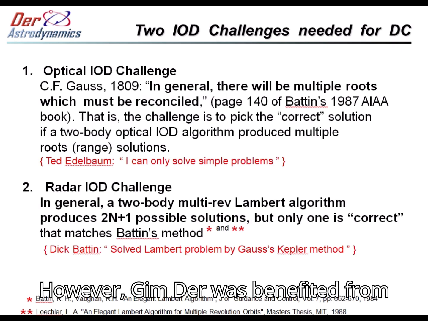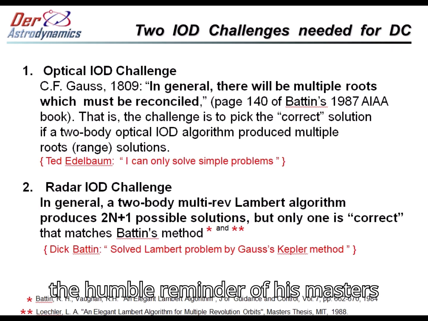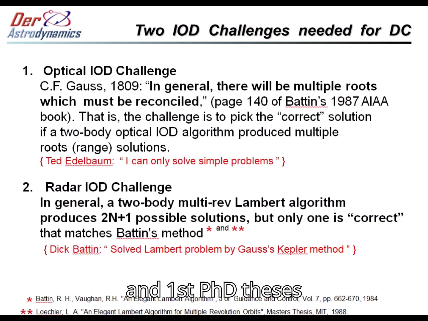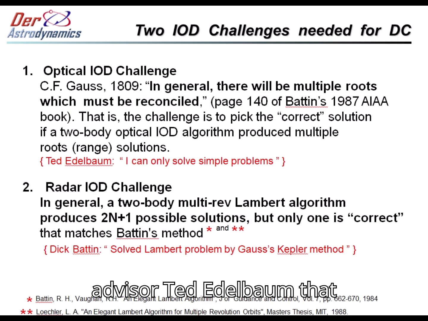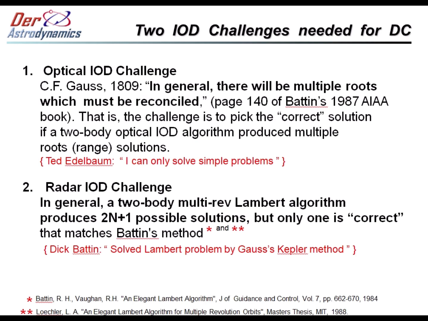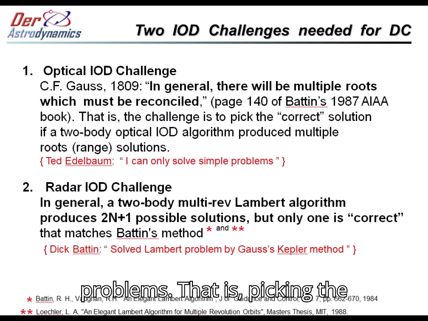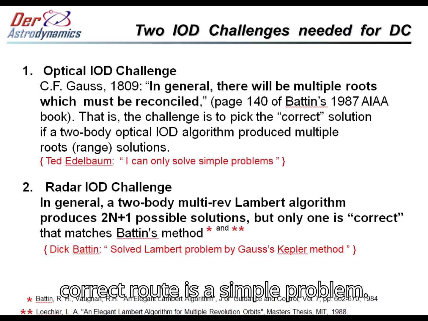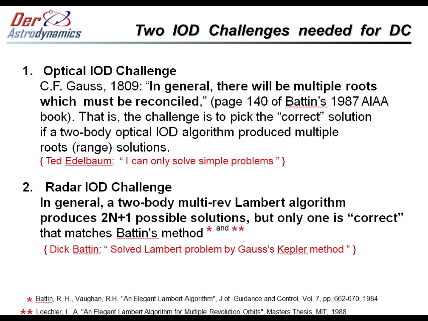However, Jim Durr benefited from the humble reminder of his master's and first PhD thesis advisor Ted Edelbaum that he can only solve simple problems. That is, picking the correct root is a simple problem.